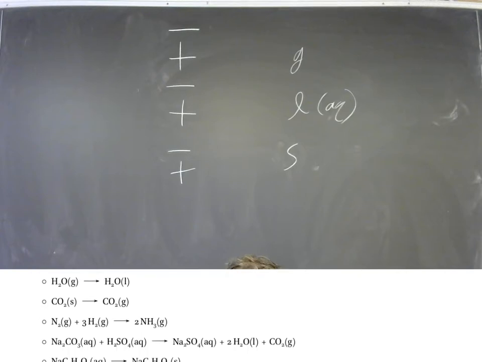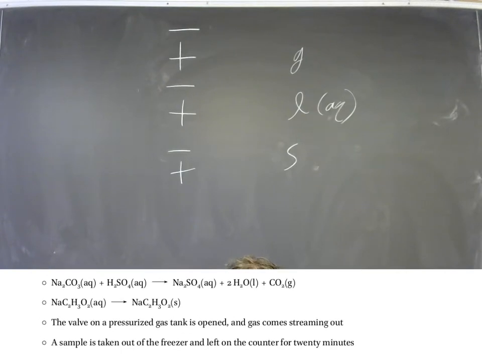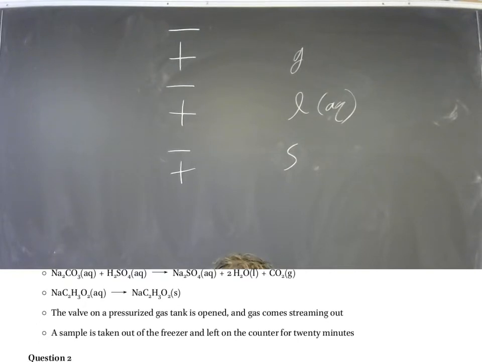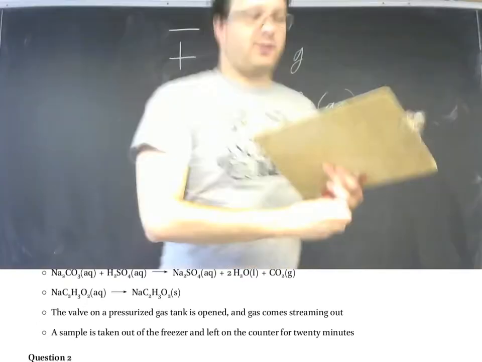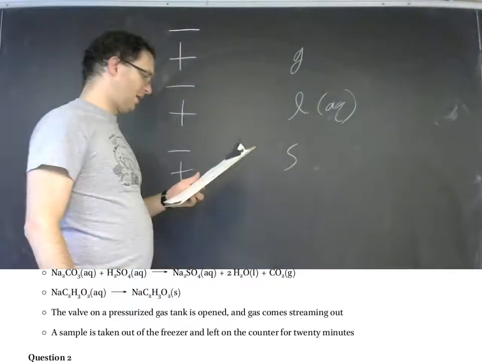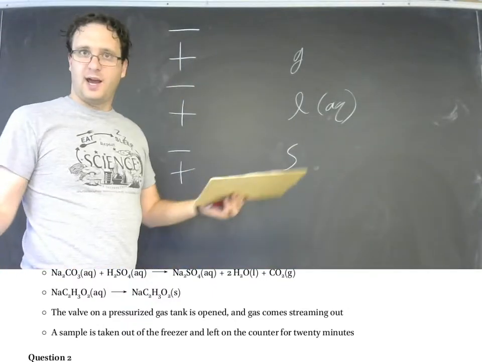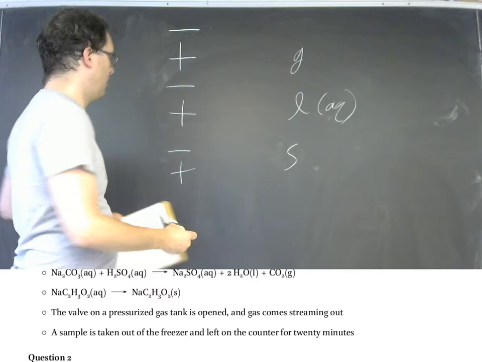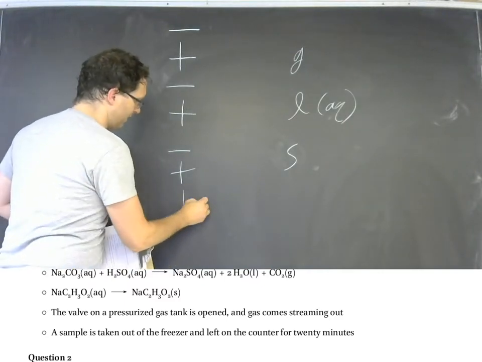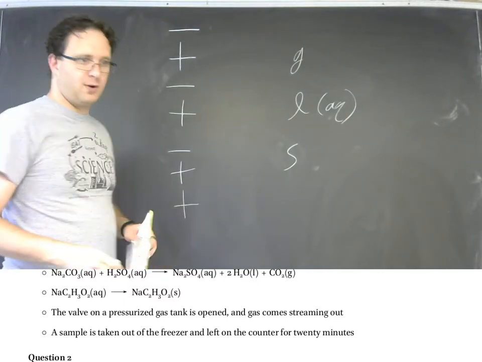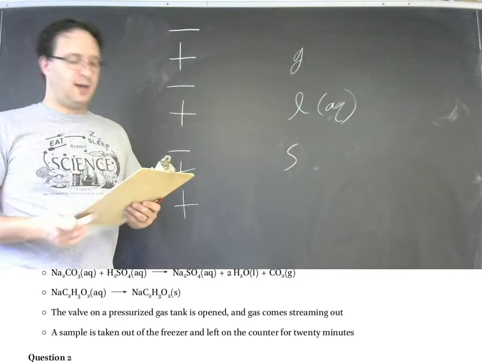Let's scroll down a little bit here. There was the sodium acetate precipitating out, and then the valve on the pressurized tank. Then finally a sample taken out of the freezer and left on the counter. What's going to happen? It will warm up to room temperature, and even if nothing else changes, the system will have its entropy increase as it is warmed.